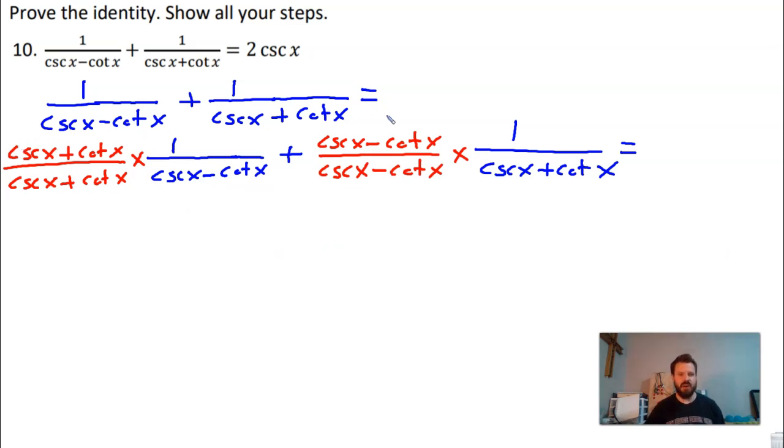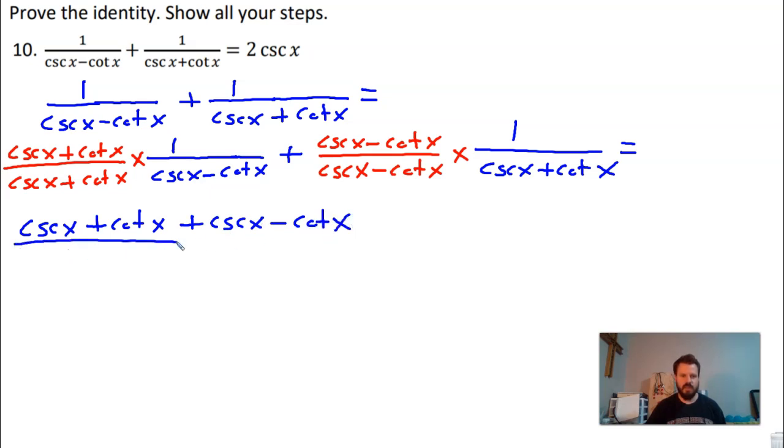I'm going to start by adding all this stuff in my numerator. I'll have a cosecant x plus a cotangent x plus another cosecant x minus a cotangent x. All right, then over my denominator, what are we going to have? I'll just multiply on this side here. Foiling first, cosecant times cosecant will be cosecant squared x.